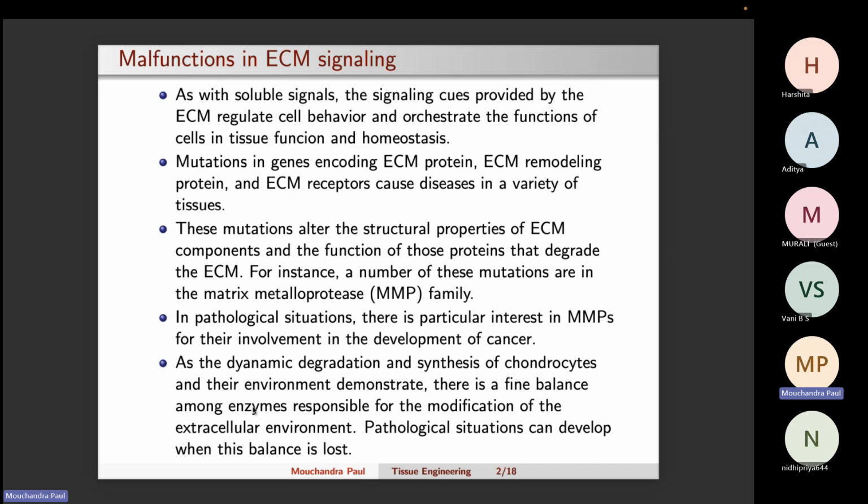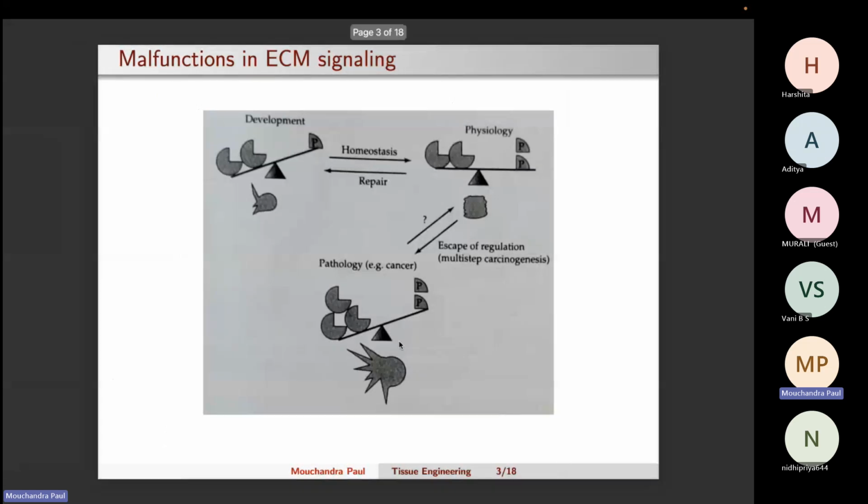There will always be synthesis of the enzymes that degrade the ECM components, as well as biochemical pathways that synthesize the ECM proteins. And a fine balance is needed between these two processes. If this balance between synthesis of new ECM components and degradation of the old ones is lost, then some pathological conditions can arise.